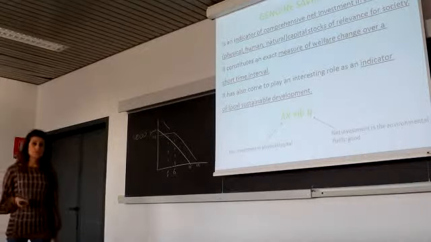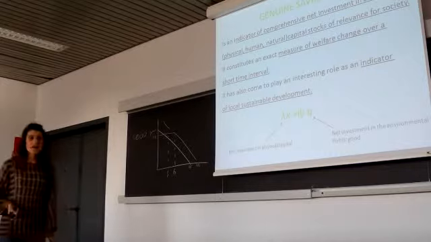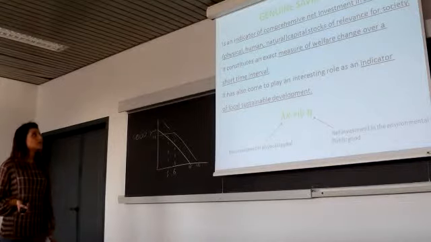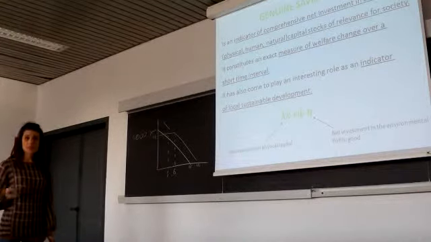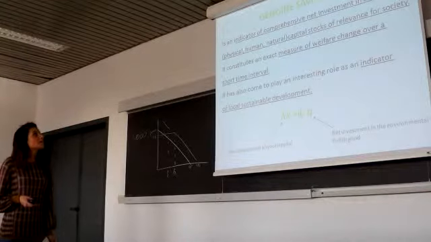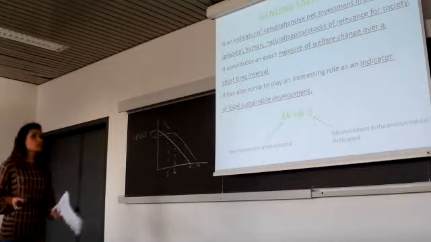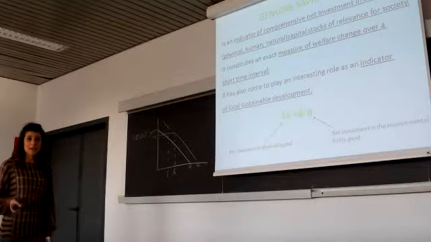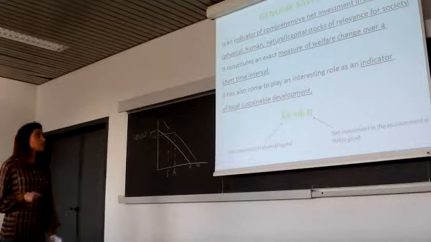So I'm going to start to explain what genuine saving is. As I said before, it's an indicator of sustainable development, and it's called this because it is an indicator of comprehensive net investment in all capital stocks.